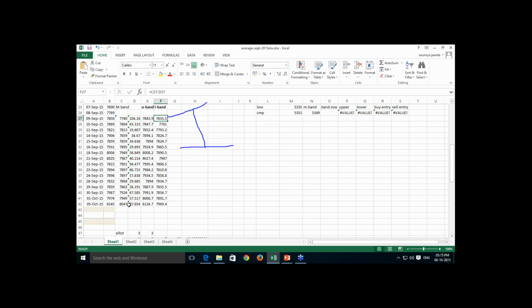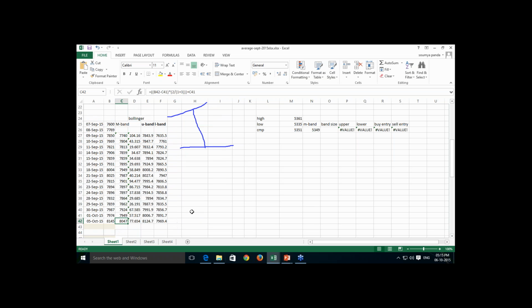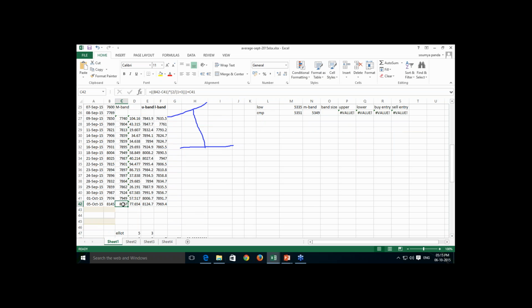If you take it here, till 5th October, when your closing was 8145, you are above the upper band. Our upper band is 8124, and you have closed at 8145, so the trend will remain the same. Then you have a lower band, where it is only subtracted.